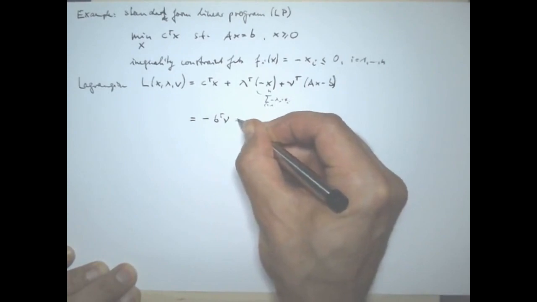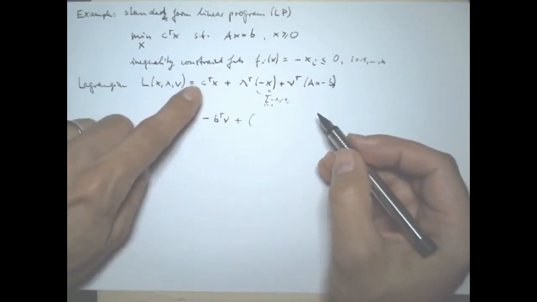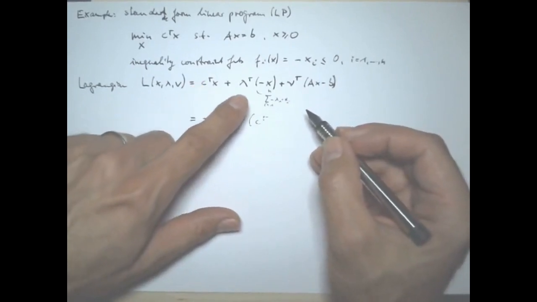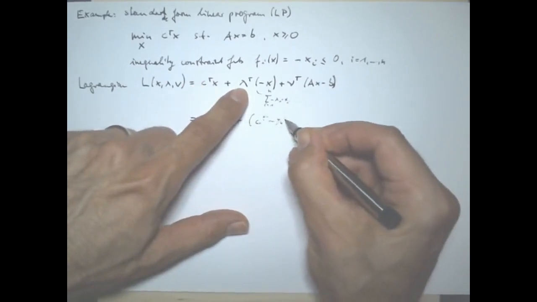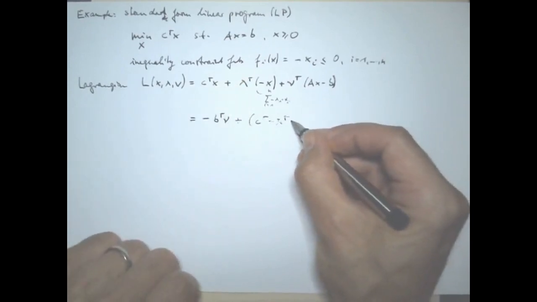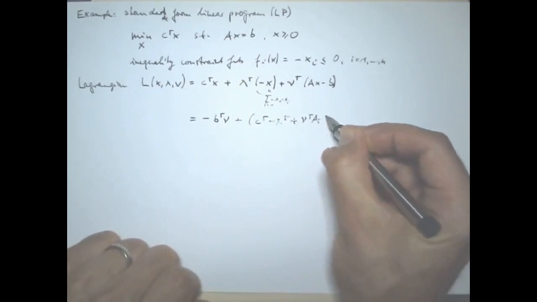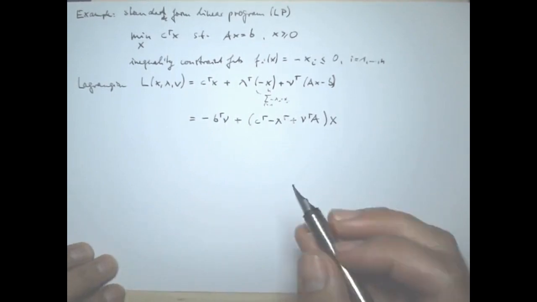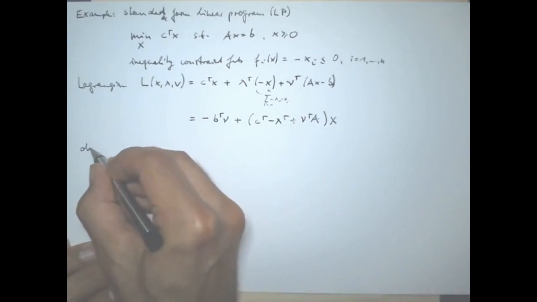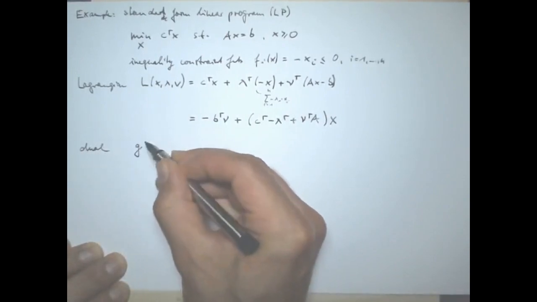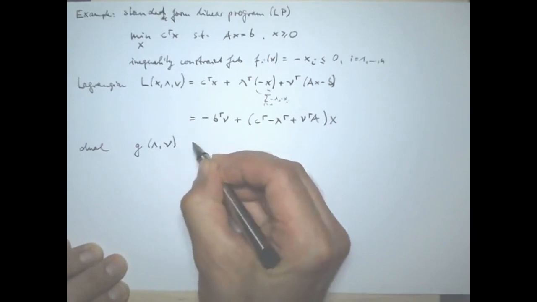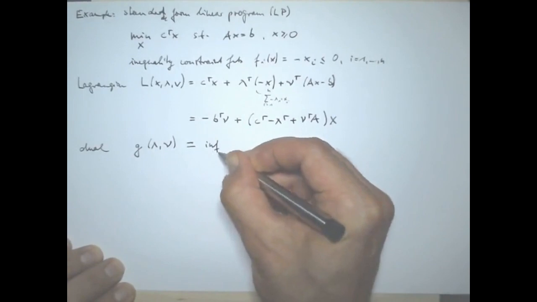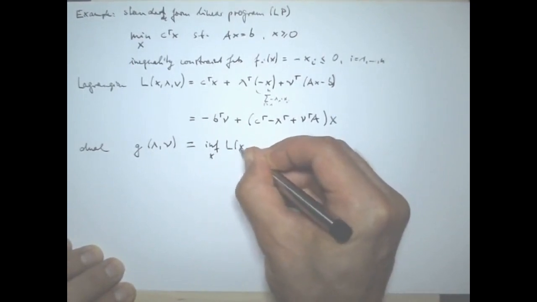And then everything that I need to multiply with x, so I have a C transpose here, and I have a minus lambda here, and I have a plus nu transpose A times x. And I can then go on to build the dual, by taking the infimum over my Lagrange multiplier of my Lagrangian, sorry.